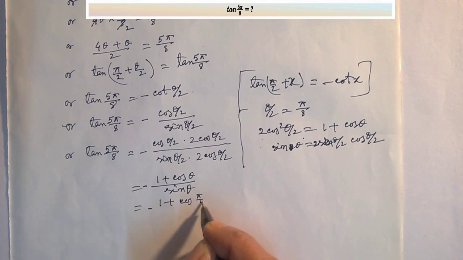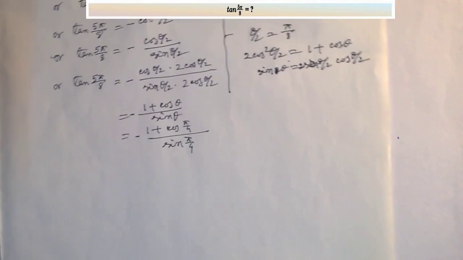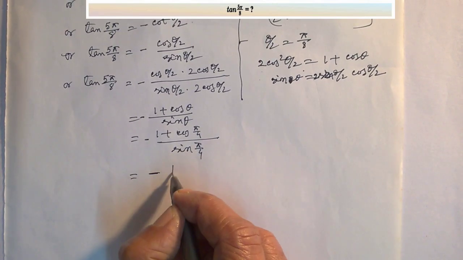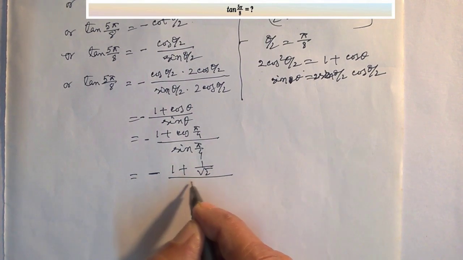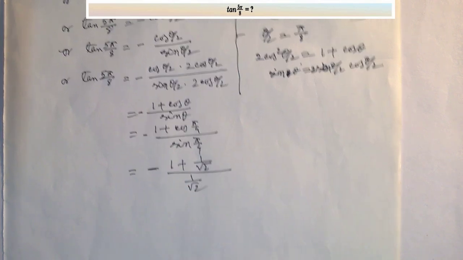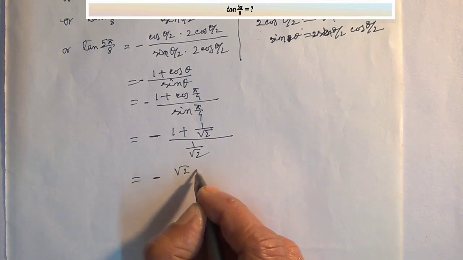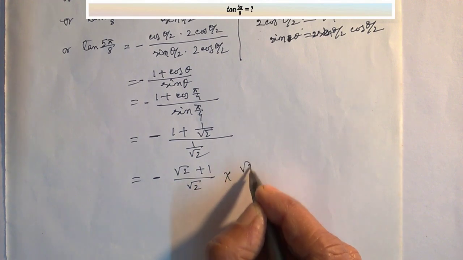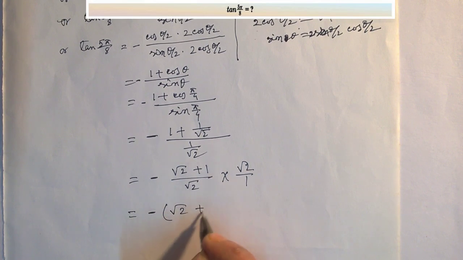That is equal to minus of 1 plus cos pi by 4, which is 1 by root 2, over sin pi by 4, which is 1 by root 2. After simplification, that is equal to root 2 plus 1 by root 2 into root 2 by 1, that is equal to minus of root 2 plus 1.